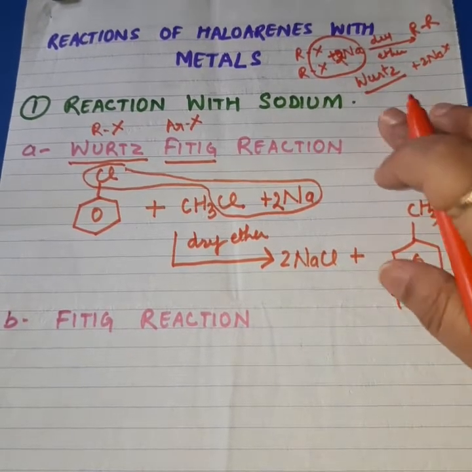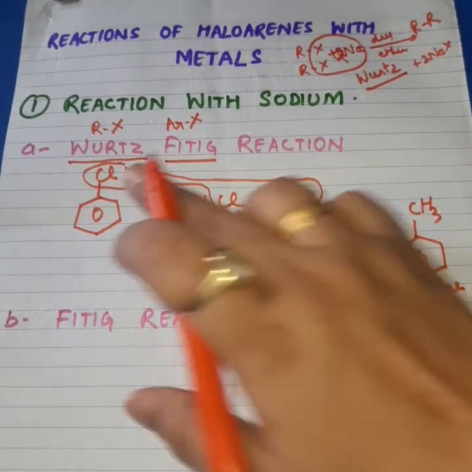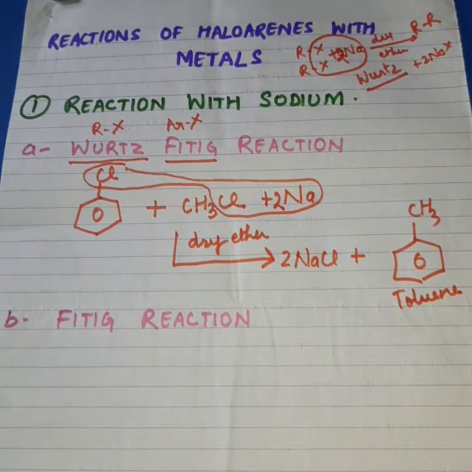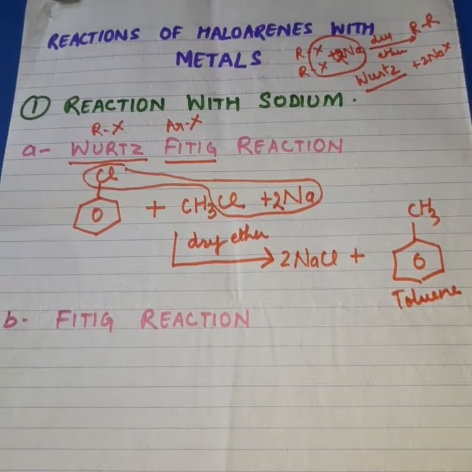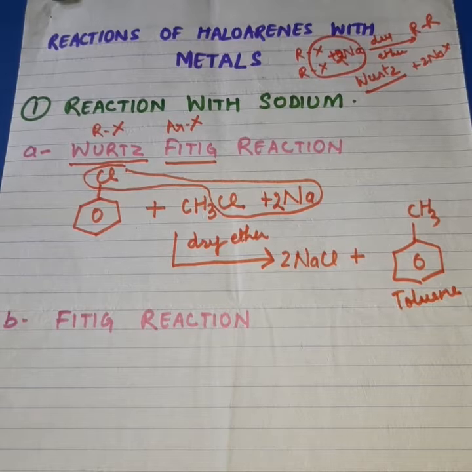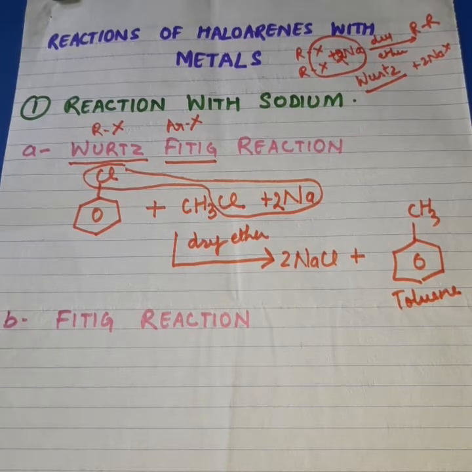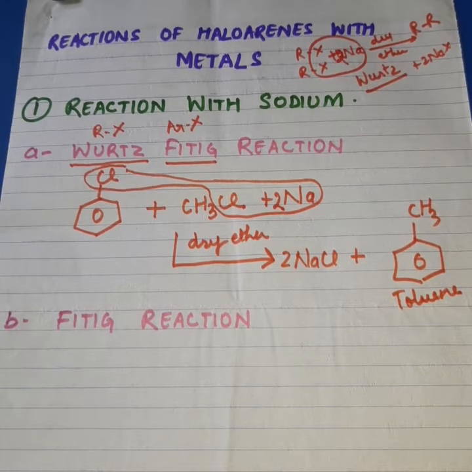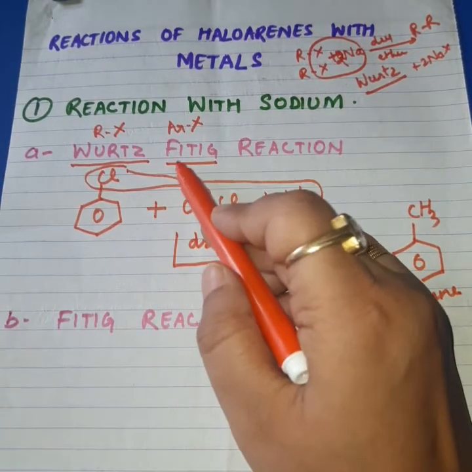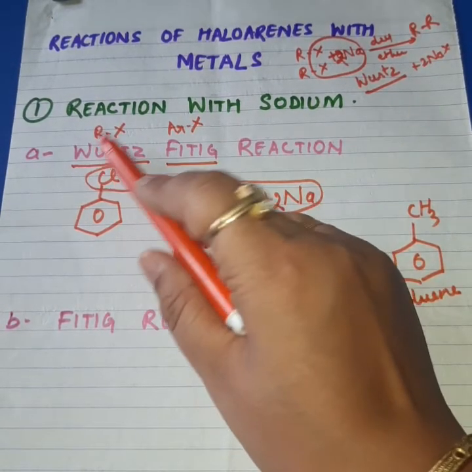So we have toluene. Whether we say Wood's reaction, Wood's Fittig or Fittig reaction, it is a conversion of halogen derivatives of organic compounds into their corresponding hydrocarbons. In Wood's Fittig, Fittig means aryl halide and Wood's means alkyl halide.